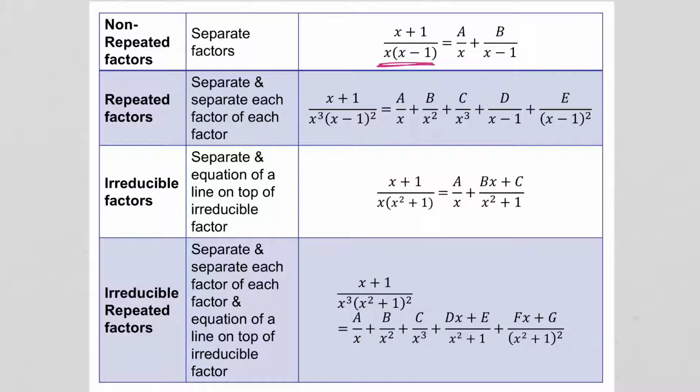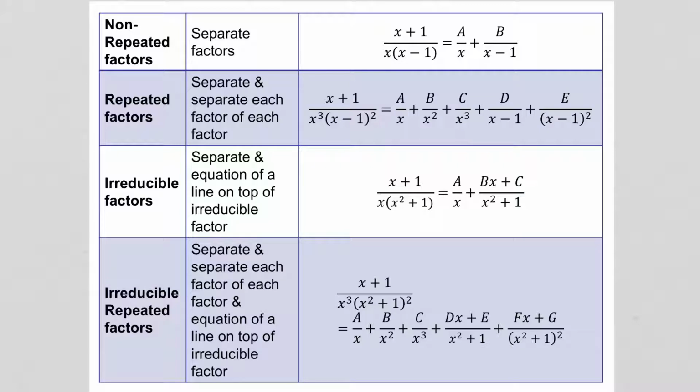We just have two separate things being multiplied. In this case, we've got this x minus 1 squared. So that's what made it different. Let's back up a second. So here, we just had the x times x minus 1. So on the bottoms go x and x minus 1.